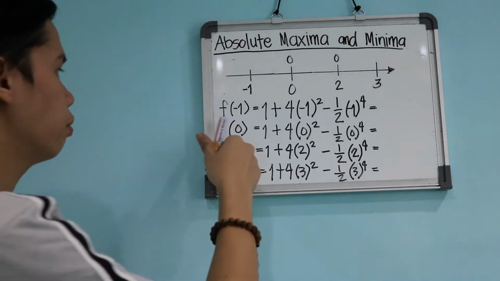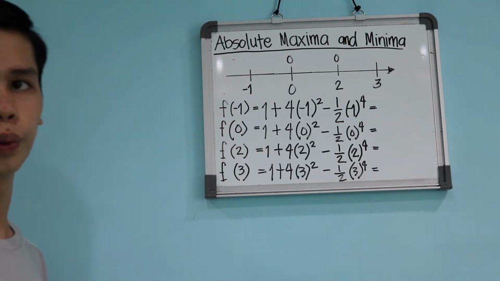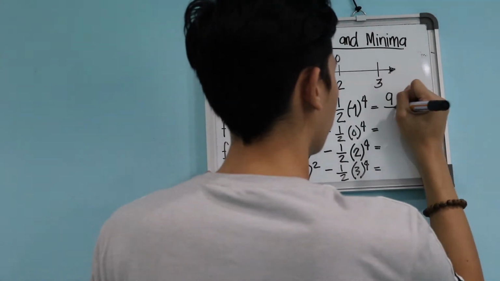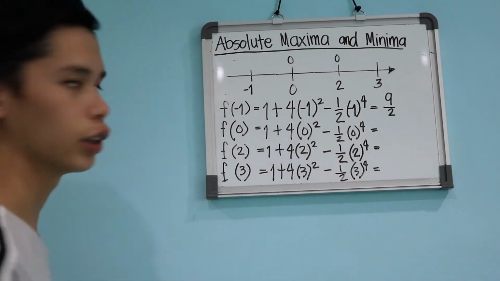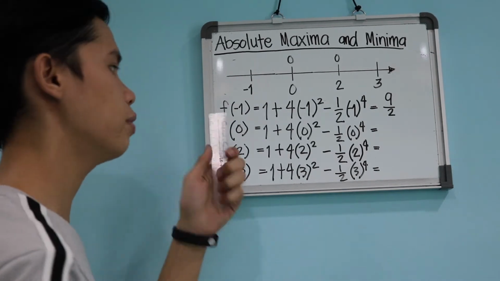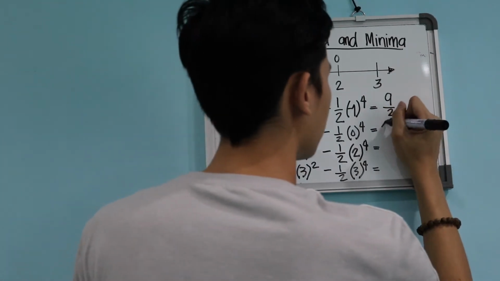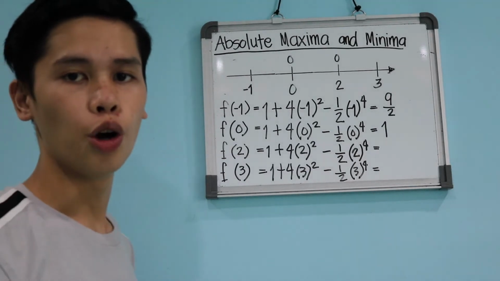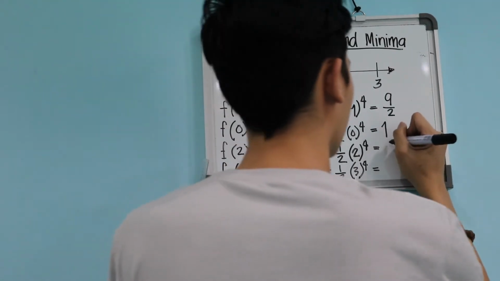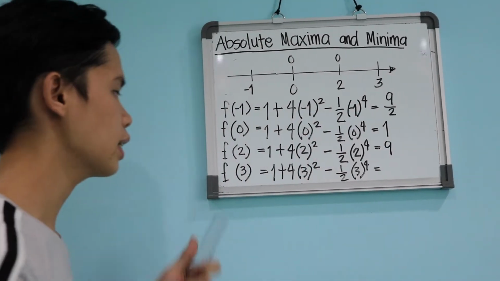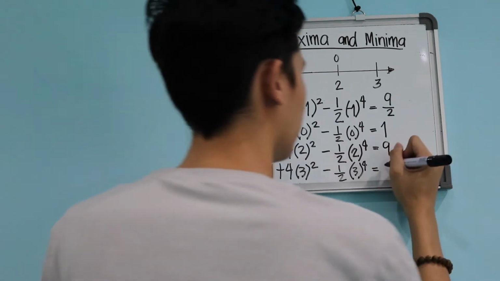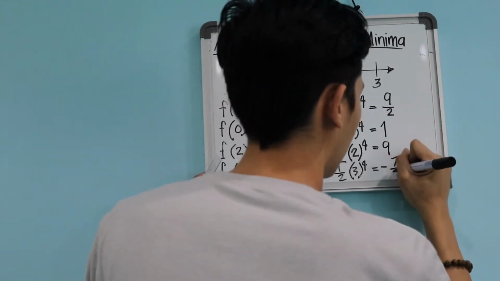So f of negative 1 is equals to 9 over 2. For the f of 0, we have positive 1. For the f of 2, we have positive 9. And lastly, the f of 3 has the value of negative 7 halves.